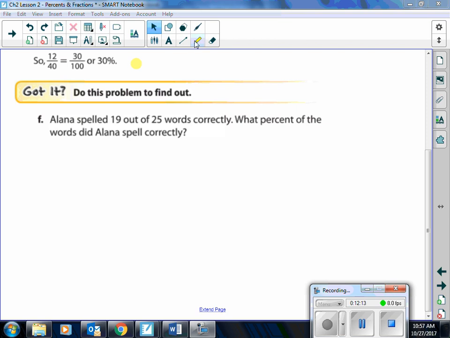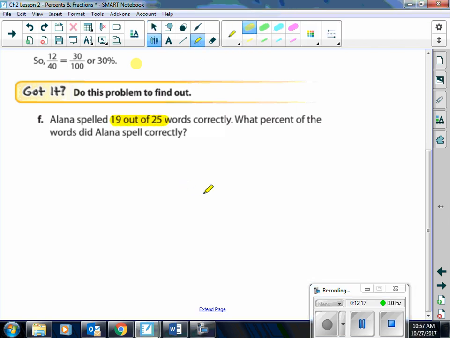All right, so problem F says Elena spelled 19 out of 25 words correctly. We want to know what percent of the words did Elena spell correctly. So 19 out of 25 we can write as a fraction, 19 over 25. Now, can I make 25 into 100?